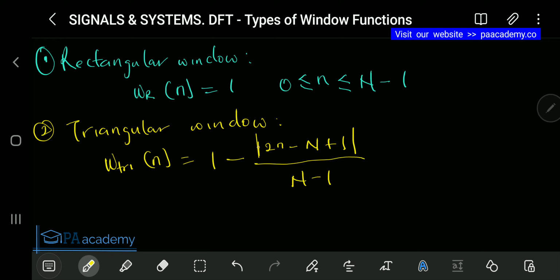Let me just put this into brackets, so this is 1 minus everything here. And then also for this we have the range 0 is less than or equal to n, less than or equal to N minus 1.